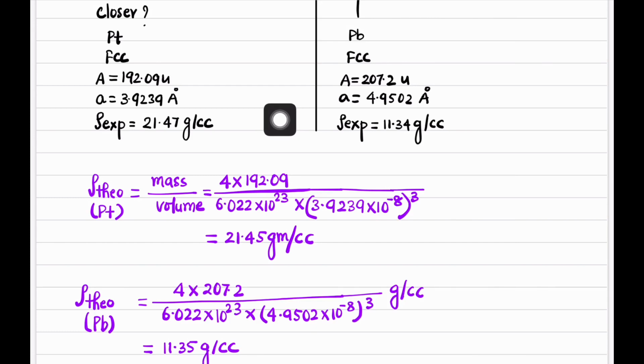If there are vacancies in the lattice, the real density should be less than the X-ray density, that is the theoretical density. And if atoms are soft, then the real density should be higher than the X-ray density. That's the reason there is some difference between the theoretical density and the experimental density.